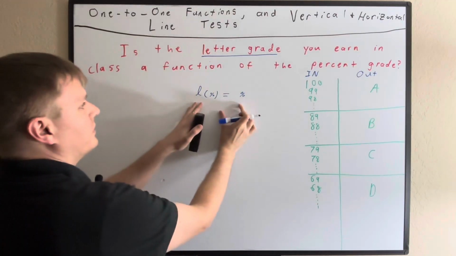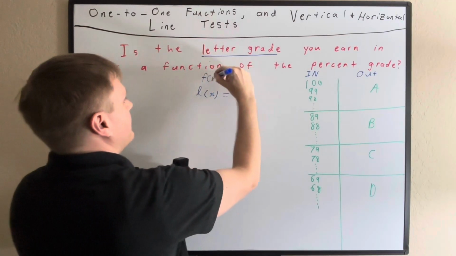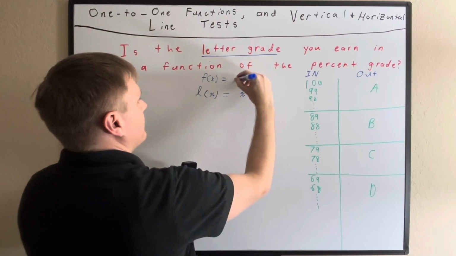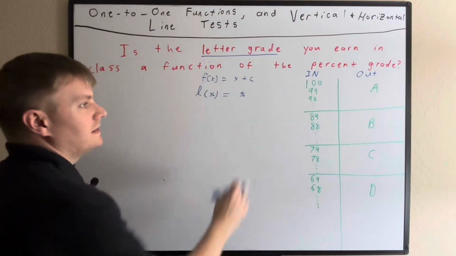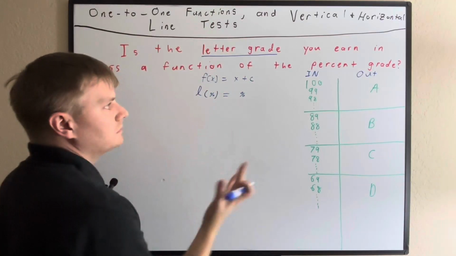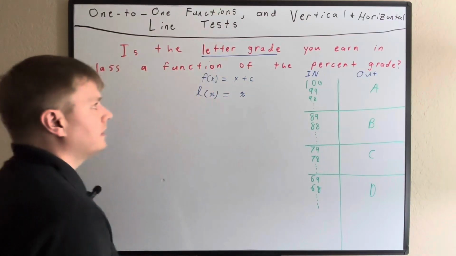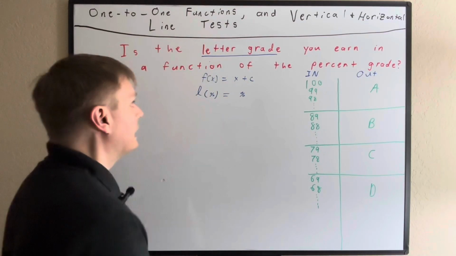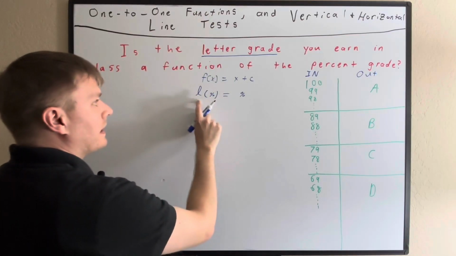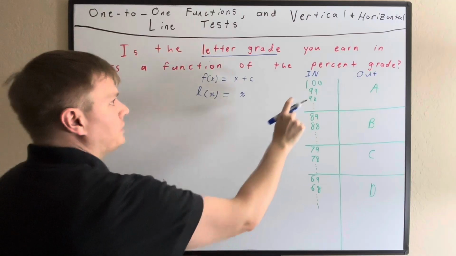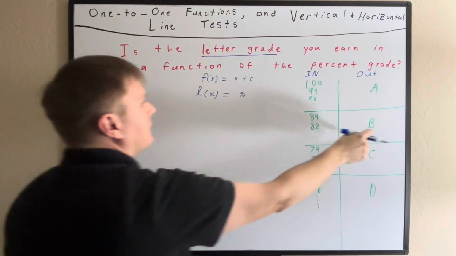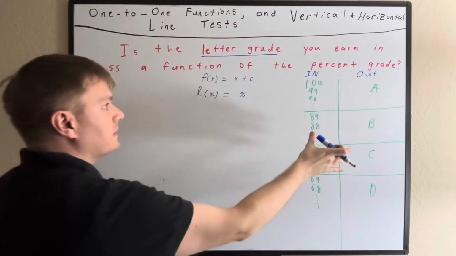That is the function we're looking at, kind of like f of x equals x minus c or x plus c, whatever. C stands for constant, so it could be any number, 7, 10, negative 24. So we're asking, if you input a percent grade and you get out a letter grade, is that a function?